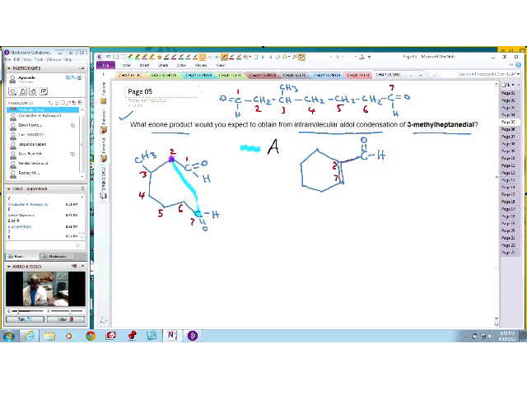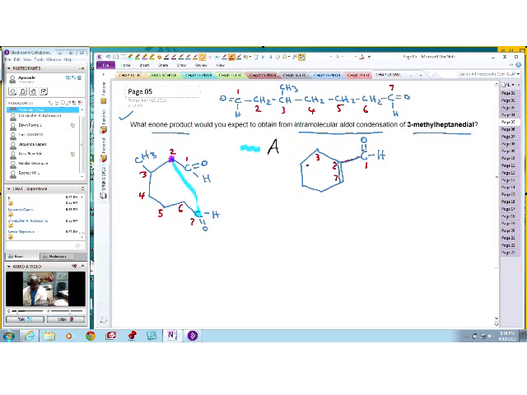So far, if you follow that, give me a happy face. Very good. Now let us go ahead and number this carbon. We say this is carbon 1, this is carbon 2, therefore this is carbon 3 right here.